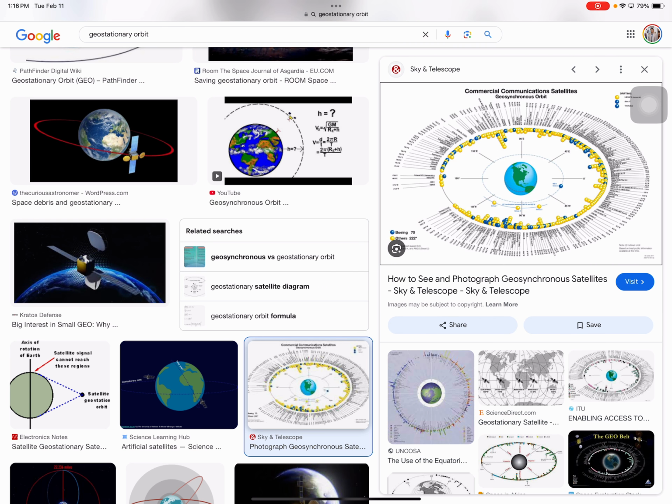There. See? There are all those satellites parked there.